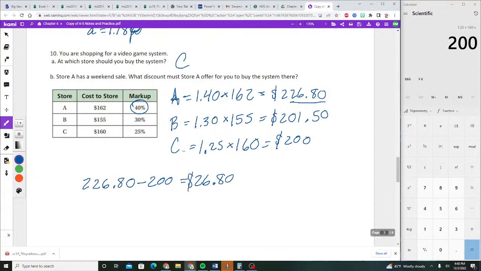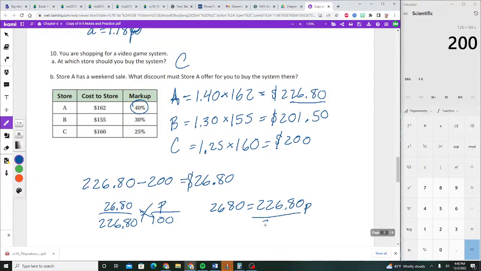And so if we want to get a discount that deep, we're going to go $26.80 divided by $226.80 and find the percent. Cross multiply, that gives us 2680 equals 226.80 P. Divide both sides by 226.8.